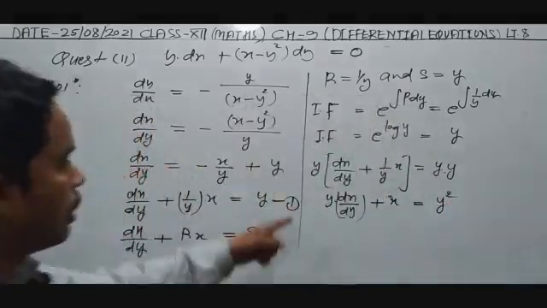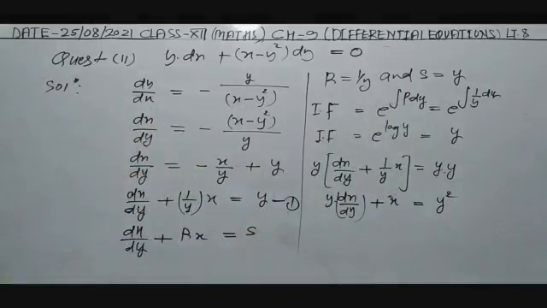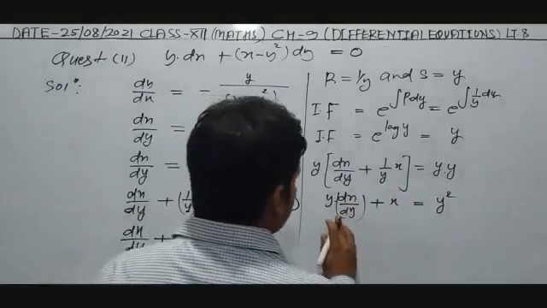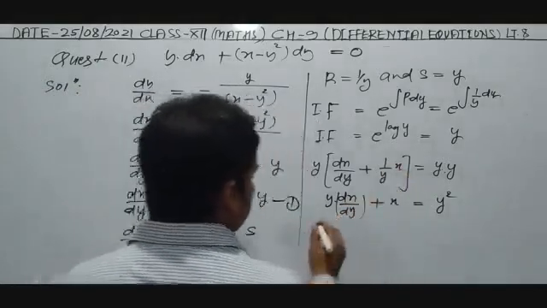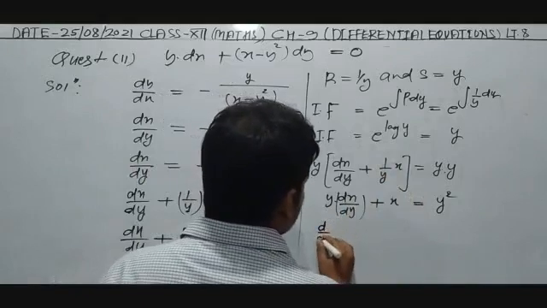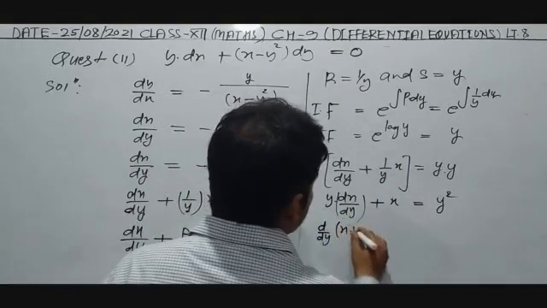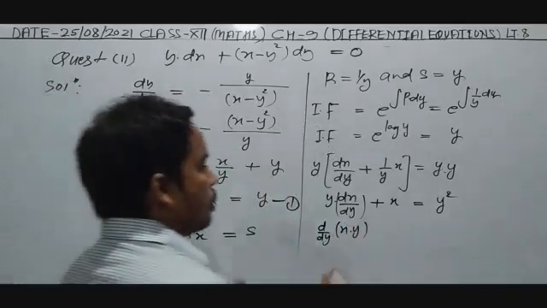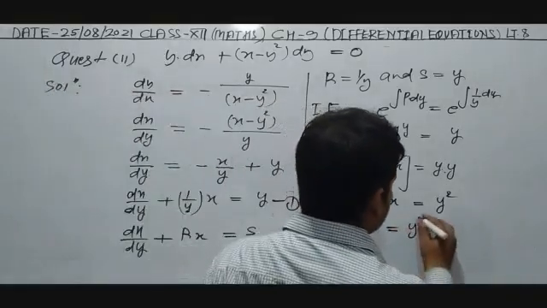Now this is the differentiation of xy: d by dy of xy is equal to y square.